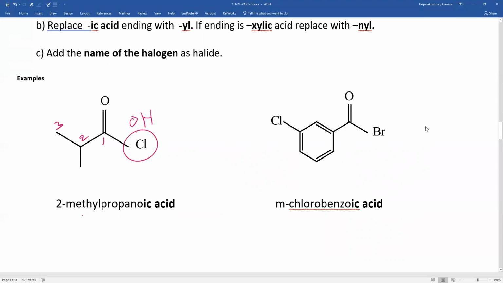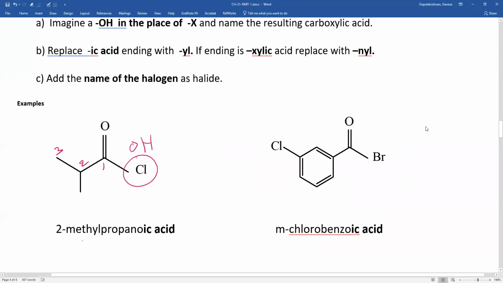So we have to modify this a little bit. How can we do it? It is not hard. If your name ends with IC acid, or OIC acid, strike it off and put YL, 2-methylpropanoyl, and write the name of the halogen as halide, chloride.